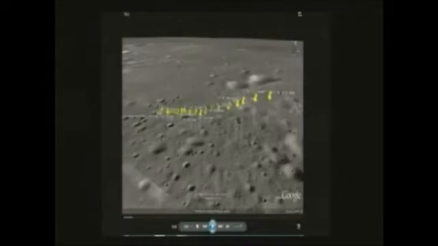The gentleman patched together a myriad of images from different orbits of the LRO that passed over the trajectory of the Apollo 11 descent and recreated the descent in a perspective mode.